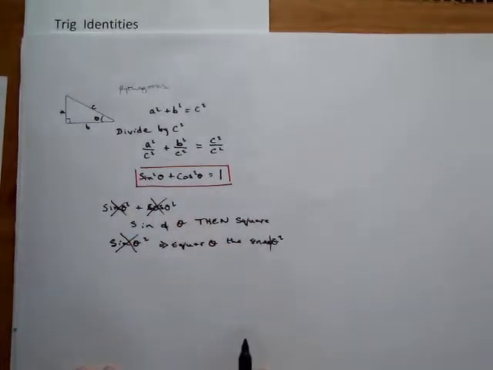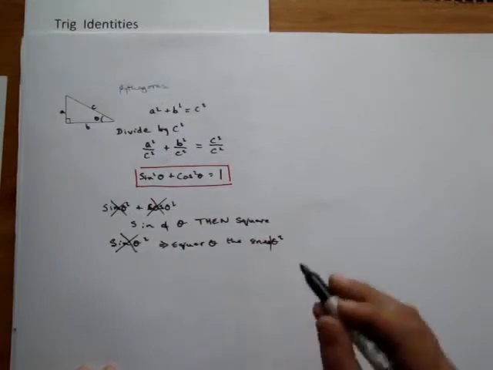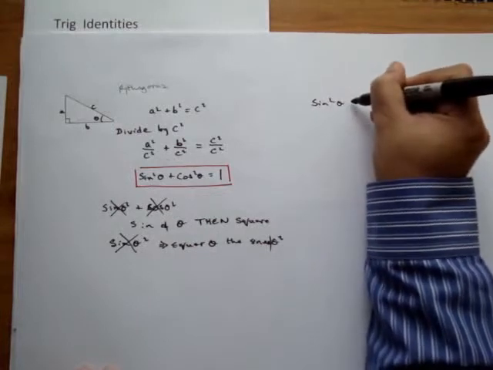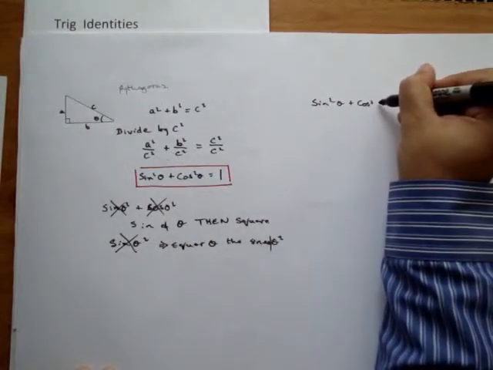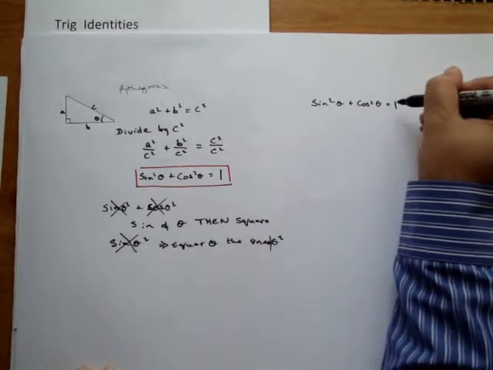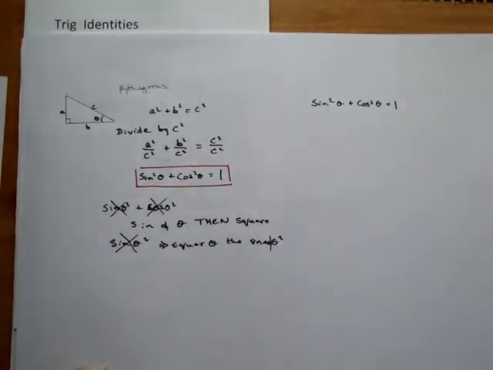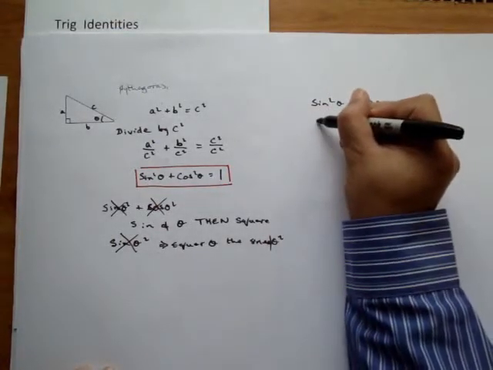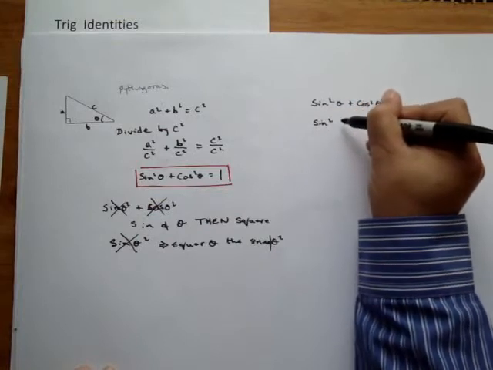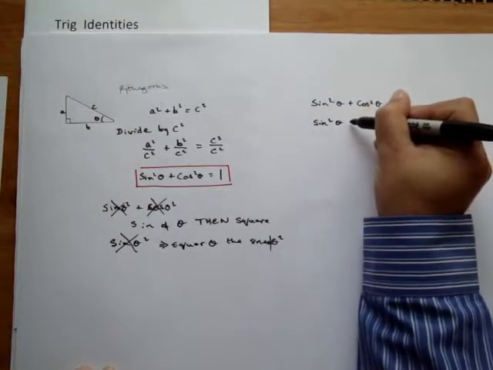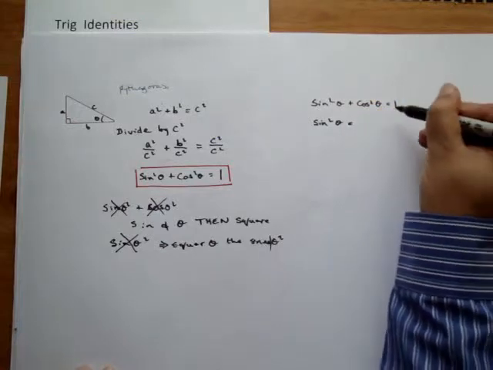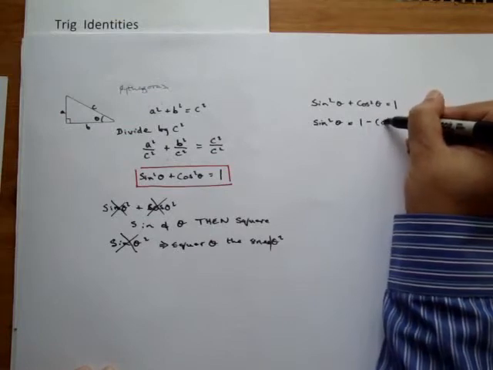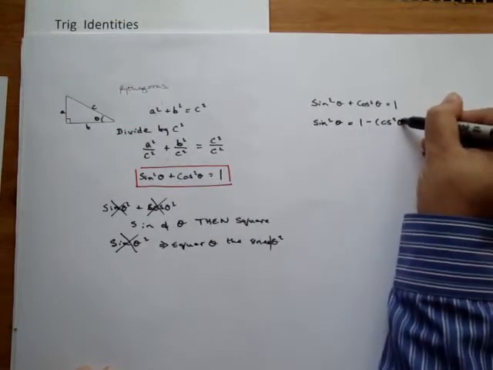If we now take this, sine squared theta plus cos squared theta equals 1, and we rearrange, we get sine squared theta equals 1, moving the cos over to the other side of the equal sign, minus cos squared theta.